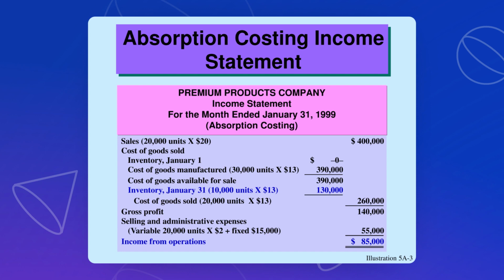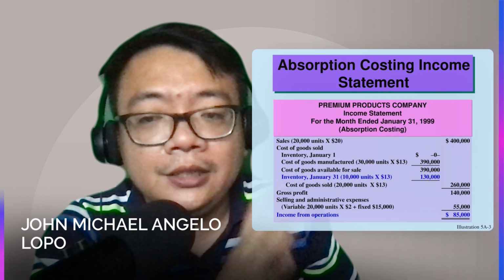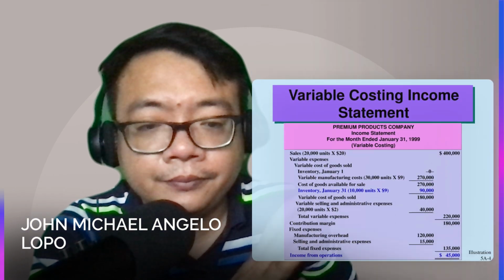So the variable cost is 20,000 times 2 because 20,000 is your sold. Okay, plus fixed cost of 15, given yung 15. How much would be your income from operation under absorption costing? You have 85,000. We'll check, dapat ang difference is 40,000. We will check if tama.